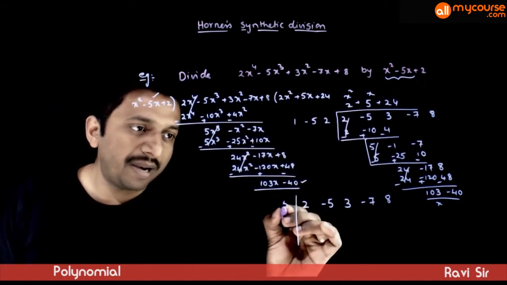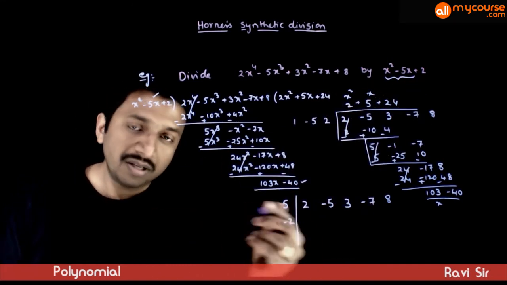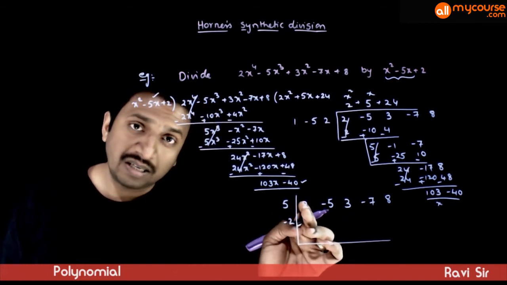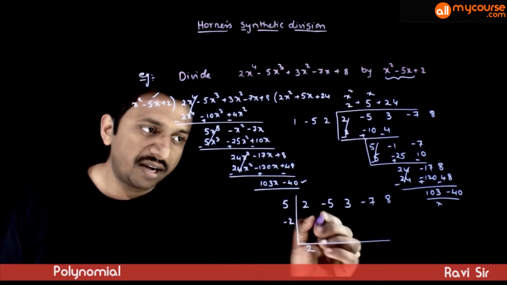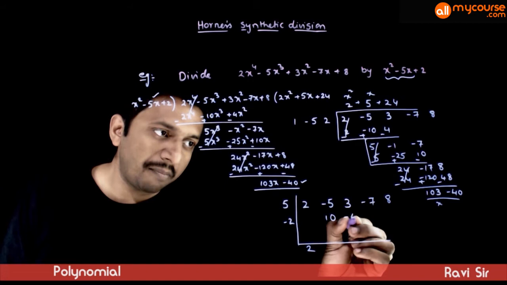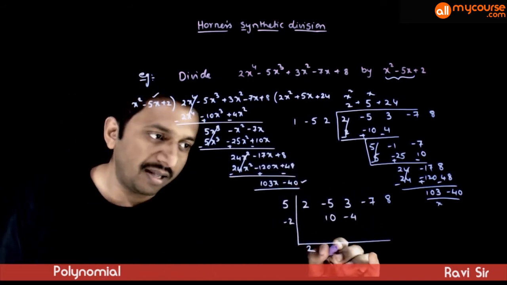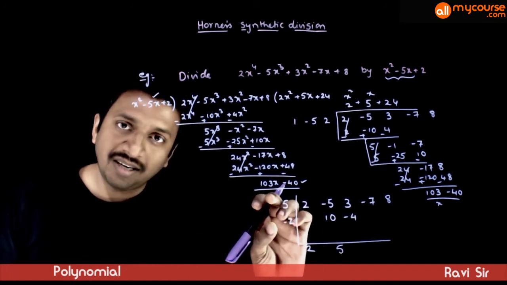So you have plus 5 and minus 2, plus 5 and minus 2. So start doing your process. First send this 2 down. Now 5 2s are 10 and 2 minus 2s are minus 4. Now minus 5 plus 10 is plus 5. Now use this 5 and write the terms.